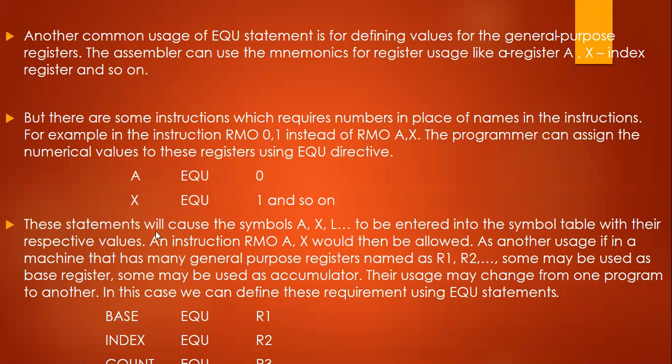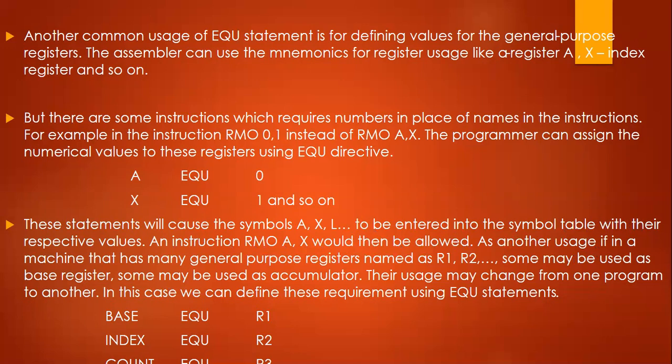So here, this statement will cause the symbols A, X, L to be entered into the symbol table with their respective values, and instructions like RMO A comma X would then be allowed. As another usage, we are having some general purpose registers like R1, R2, R3.